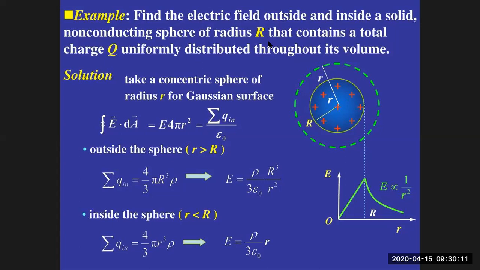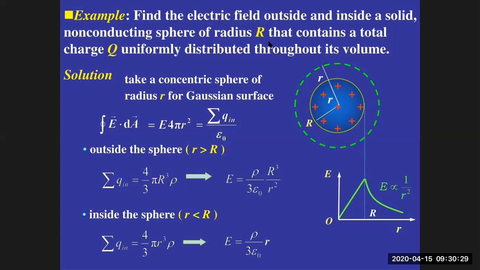So here is a question that you have to practice. Find the electric field outside and inside a solid non-conducting sphere of radius r that contains a total amount of charge Q uniformly distributed throughout its volume.